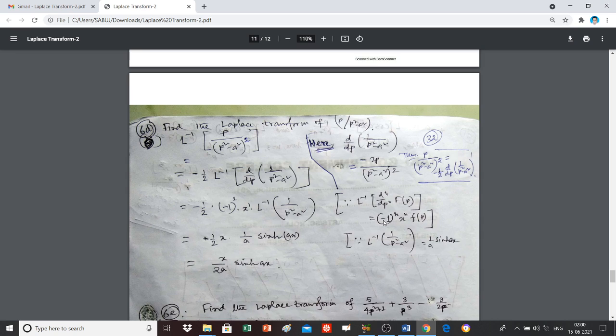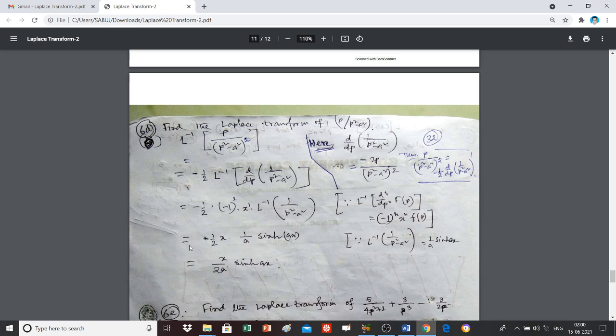So here, in this case the differentiation is first order, so minus 1 to the power 1, minus half is here, then x to the power 1, then L inverse of F(p), F(p) is 1 by p square minus a square.